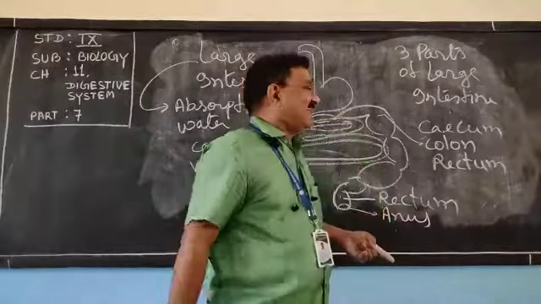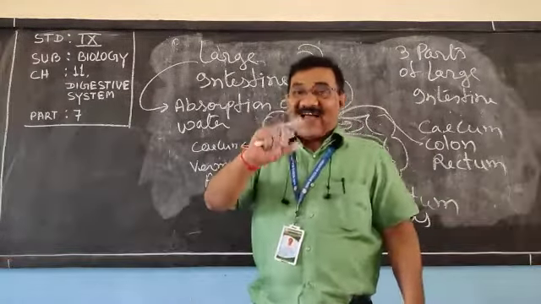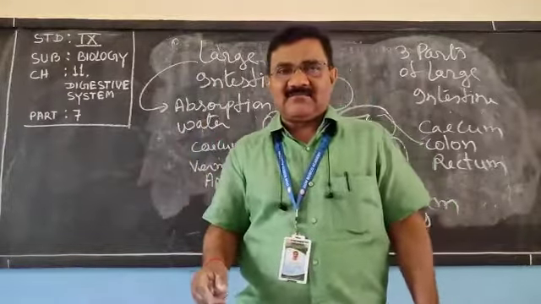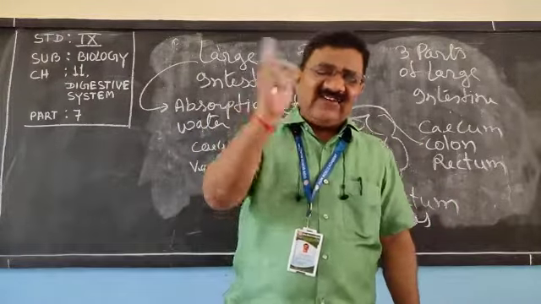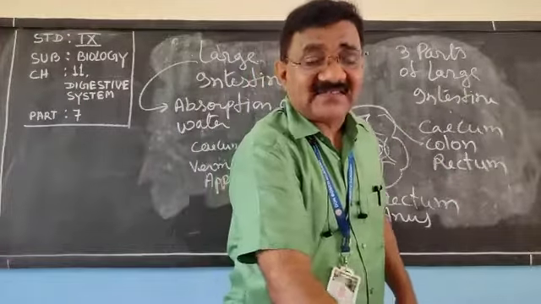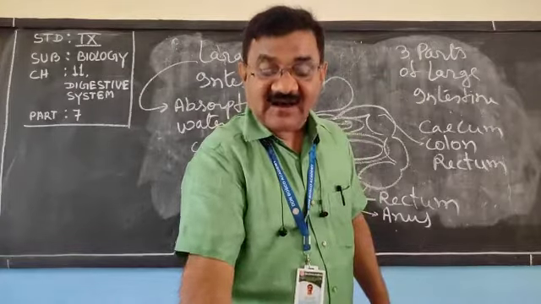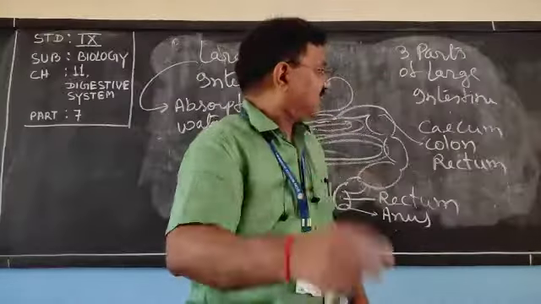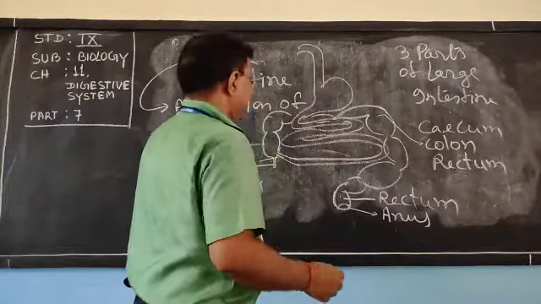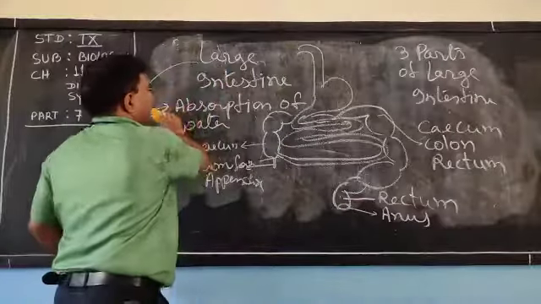Try to understand what I am teaching. The feces may vary from person to person, and slight change in color is also there. What is there in the feces? Let us see.